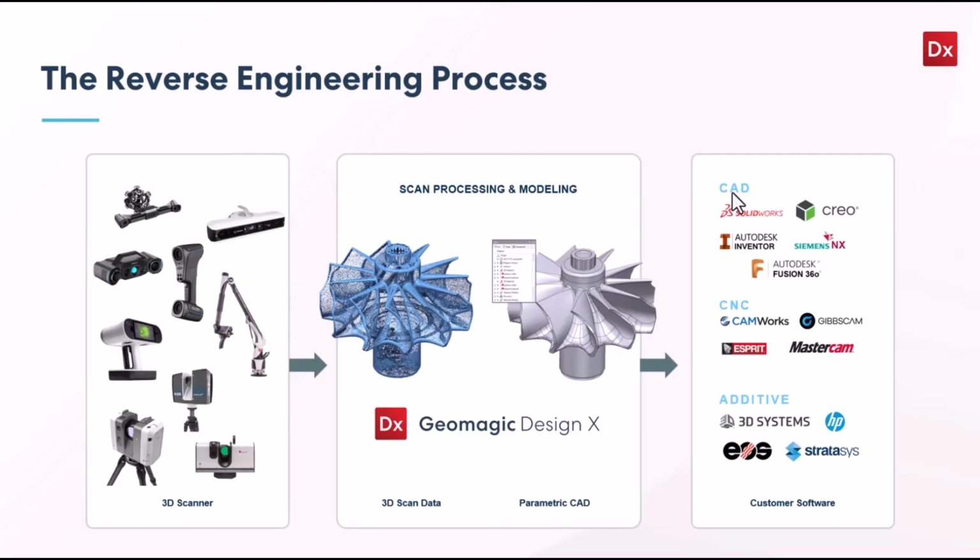CAD is the primary, but we also go straight to CNC packages or straight to additive technologies out in the market. So that's what this DesignX product is all about. Grabbing that scan data, recreating or reverse engineering that object, and getting it out to whatever is going to produce that manufactured model. So with that, we'll go ahead and jump right into the DesignX portion.